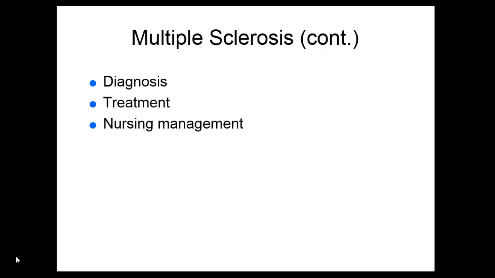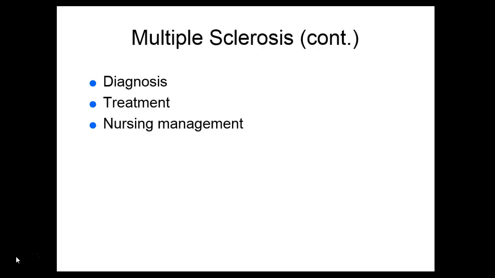Disease-modifying drugs are very expensive and are used to prevent relapses. Acute attacks are treated with intravenous steroids for 5 days, followed by oral prednisone and tapering doses. ACTH, or adrenocorticotropic hormone, may be given for its ability to suppress the immune system.